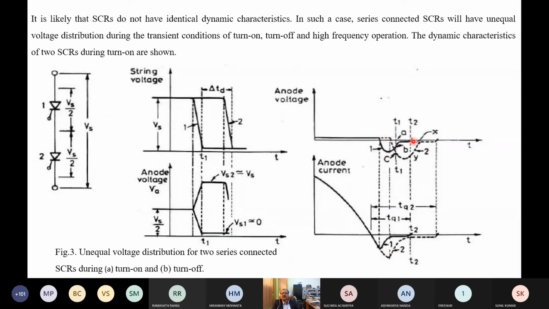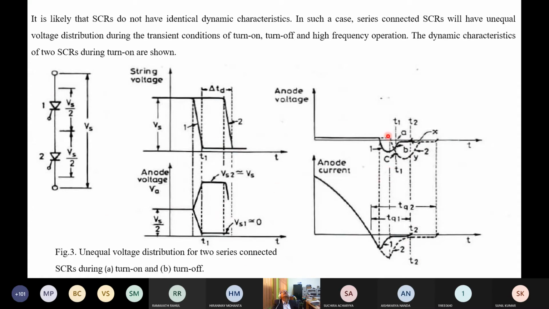Here you can see that at T2, the thyristor T1 has recovered faster. Now it can block the voltage, whereas this thyristor T2 is very slow. It turns off here, very high turn off time, whereas the other is faster. So during all this section, you can see, draw a vertical line, you see that the voltage distribution is not equal.